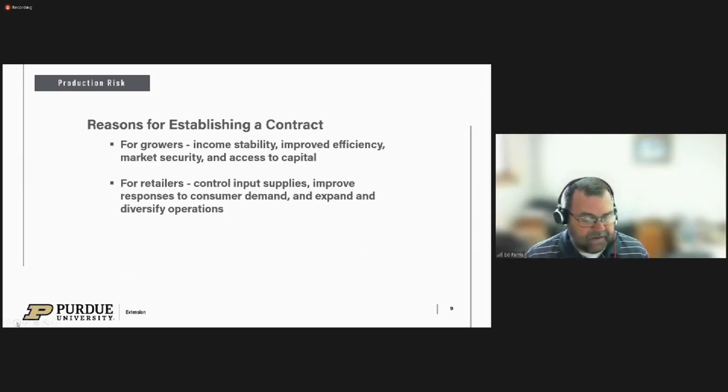So if we go back to the example of my family and my father entering into a contract, he didn't always know what he was getting into when we delivered the produce. We didn't know the price at all times because that depended on the market.